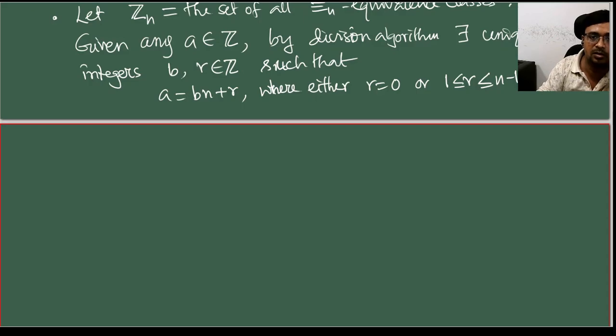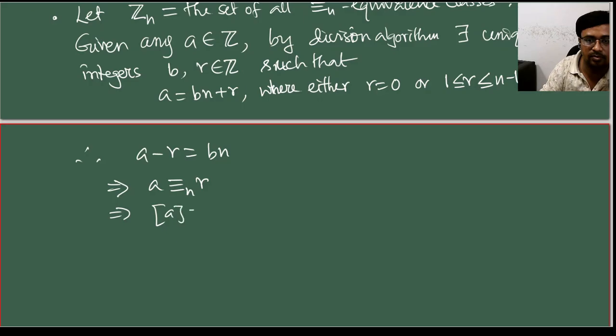So therefore from this relation we see that a minus r is equal to bn, right? So therefore the class of a and class of r, meaning a and r are related modulo n, so their classes are equal, right?